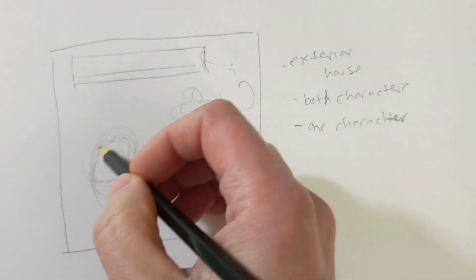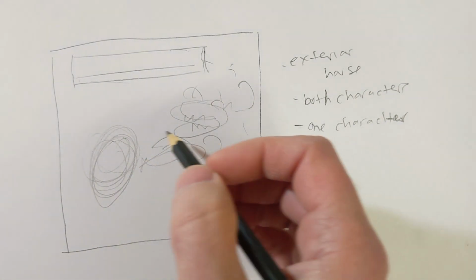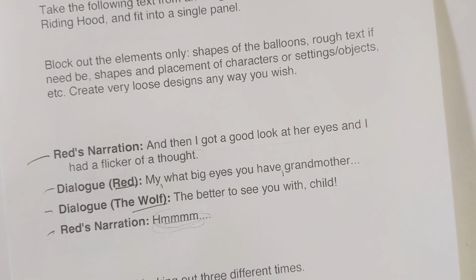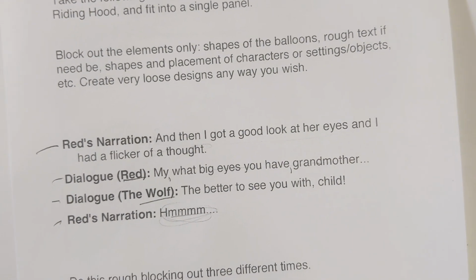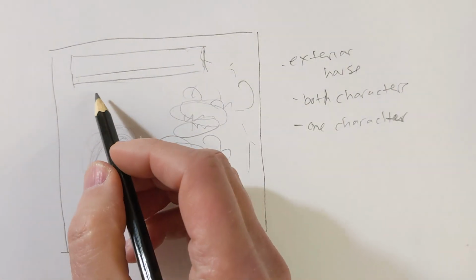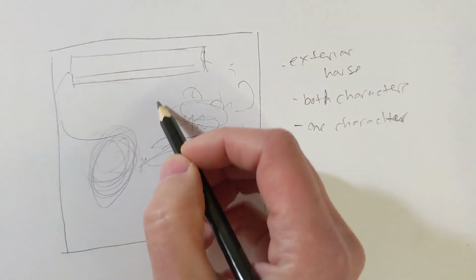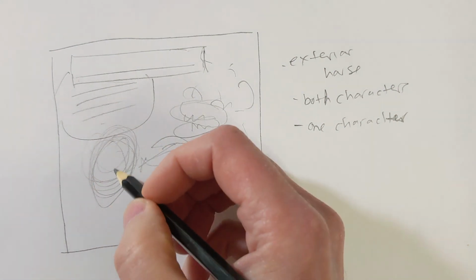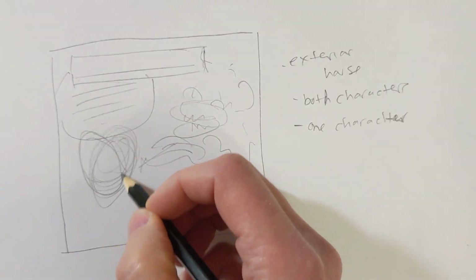Now already I'm wondering if I've done this correctly. Can I get this text? And then I got a good look. My, what big eyes you have, grandmother. Can I get that in here? I think I'm actually going to need a little bit more room here.